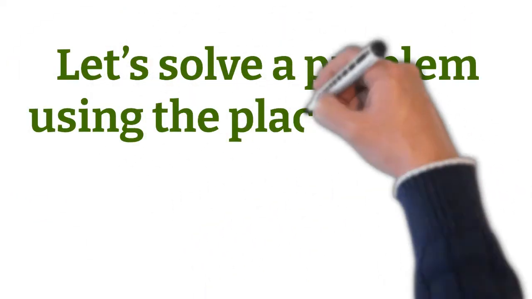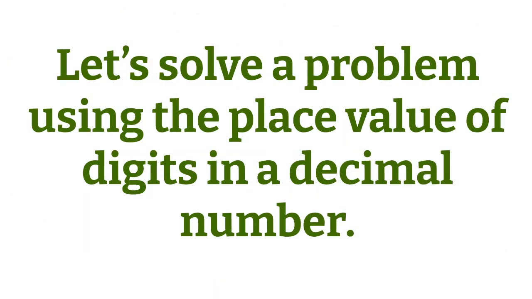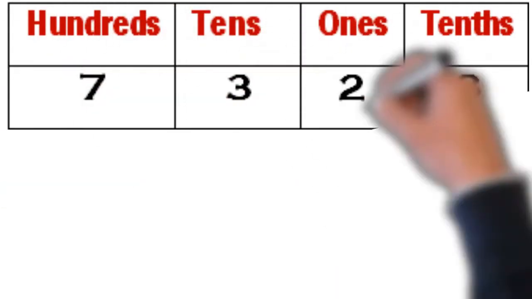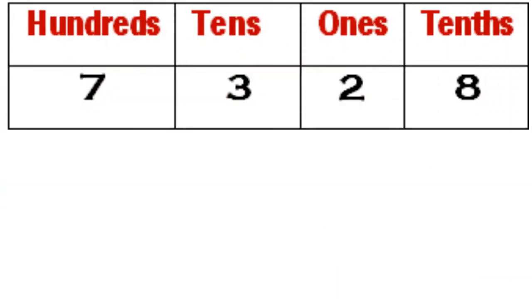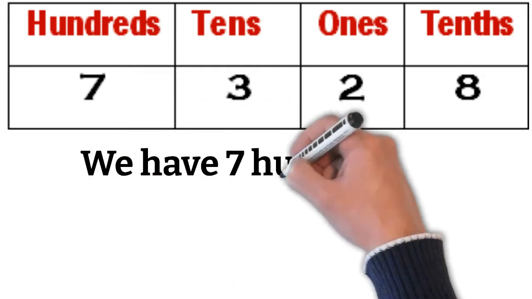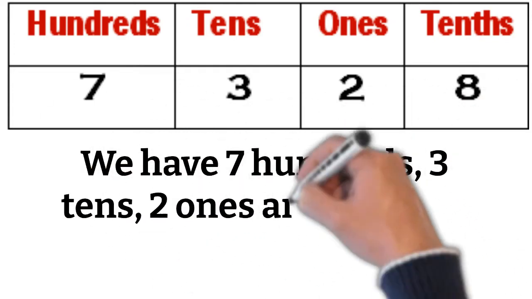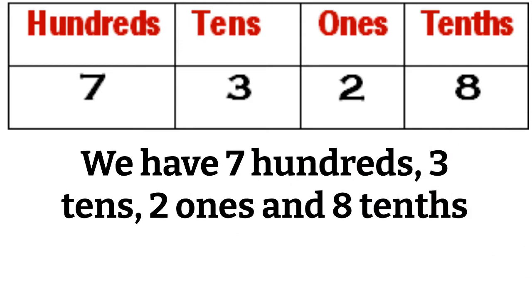Let's solve a problem using the place value of digits in a decimal number. Suppose there is 7 in hundreds place, 3 in tens place, 2 in ones place and 8 in tenths place. Thus, we have 7 hundreds, 3 tens, 2 ones and 8 tenths.